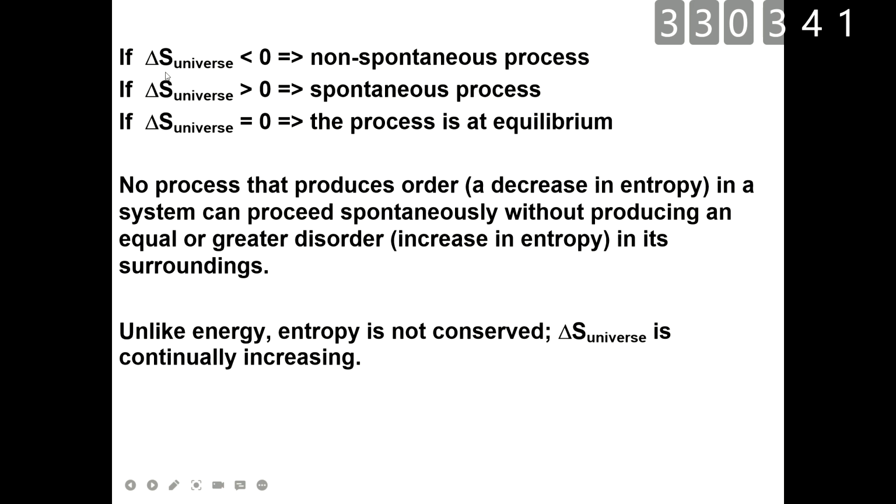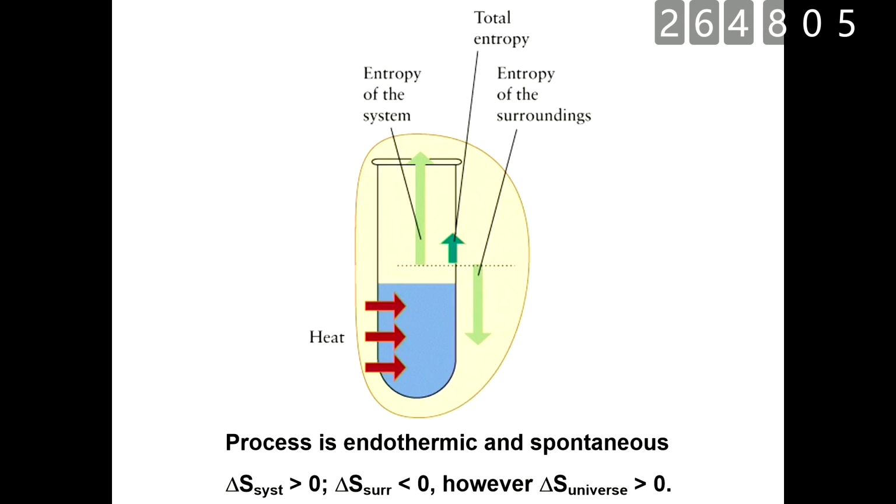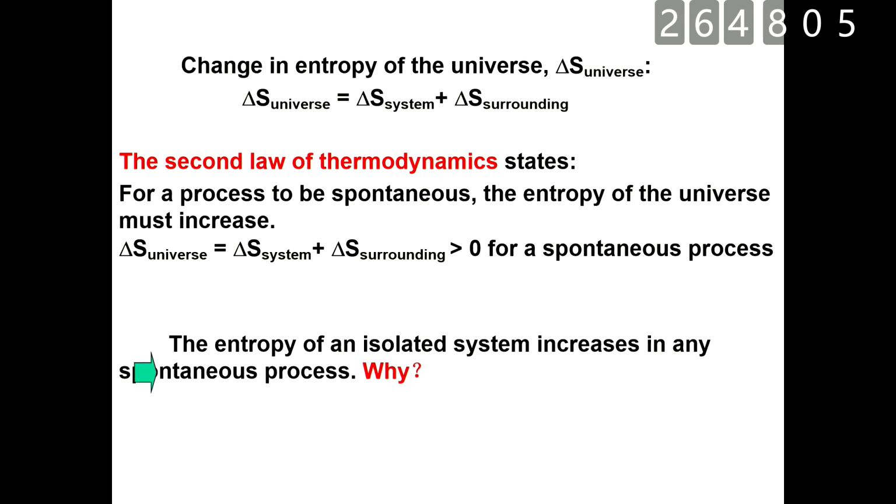So here, if the entropy change of the universe is less than 0, it's negative, and of course it's non-spontaneous. If it is positive, it's spontaneous. Whereas if it equals 0, what does this mean? This means the changes of the system and surroundings are the same magnitude, but one is negative and one is positive.